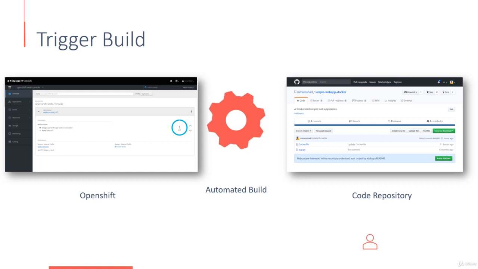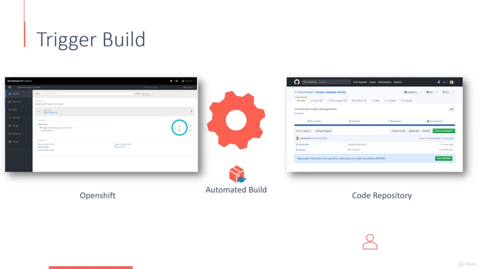On receiving this notification, OpenShift will automatically trigger a new build, where it pulls the code and builds a Docker image out of it, and then deploy the new version of the application to make the changes accessible to users. Once this is set up, every time a developer makes a change to the application code, it is automatically built and deployed in the target environment without any manual intervention.